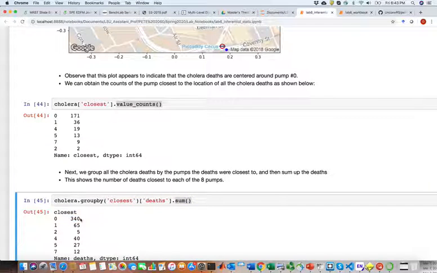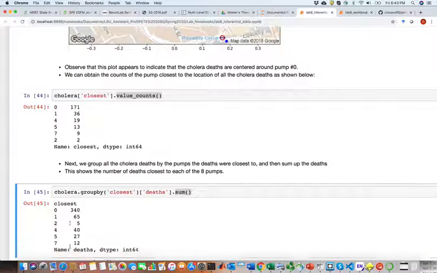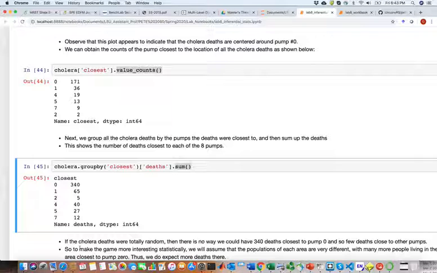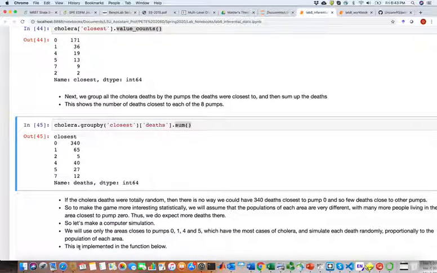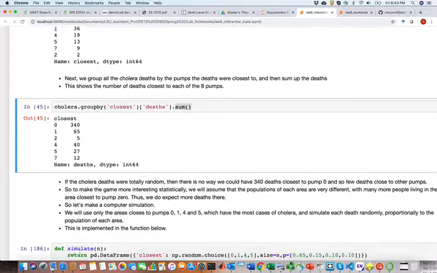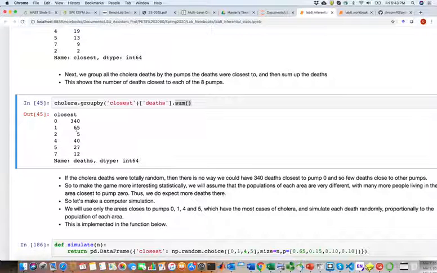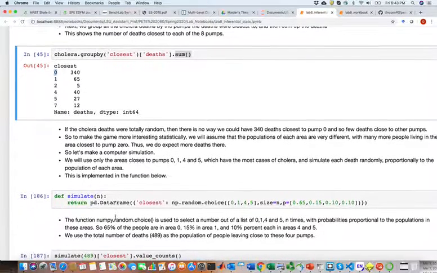So 340 people died due to cholera closest to pump 0, 65 died closest to pump 1, and on. And again, our focus is to test the hypothesis that the deaths surrounding the region of central London is due to pump 0 delivering contaminated water. So that's what we're going to have to test.